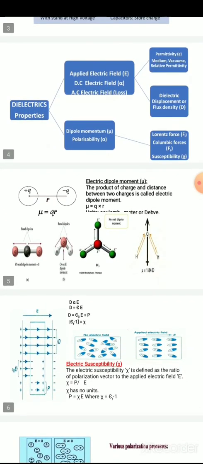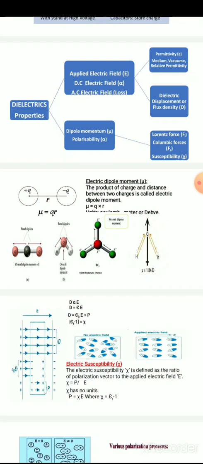Here, first of all, we are going to learn about electric dipole moment. Its symbol is mu. The product of charge and the distance between two charges is called electric dipole moment. Mu equals Q into R. Here we are taking two charges, plus Q and minus Q, separated by the distance R. Since the two charges are separated, there is a dipole moment, and it also has an internal local electric field.